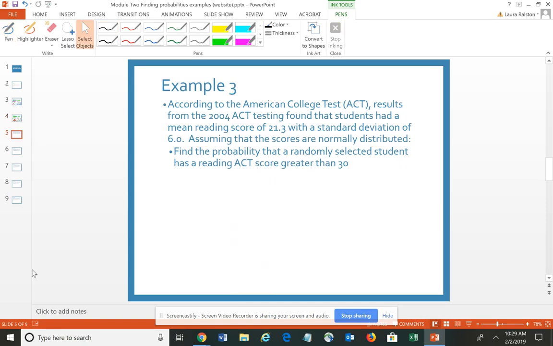All right, example number 3. Again, we have the same scenario. They tell us that the ACT reading scores are normally distributed, that our mean reading score is 21.3, and we have a standard deviation of 6. We want to find the probability that a randomly selected student has a reading score greater than 30.